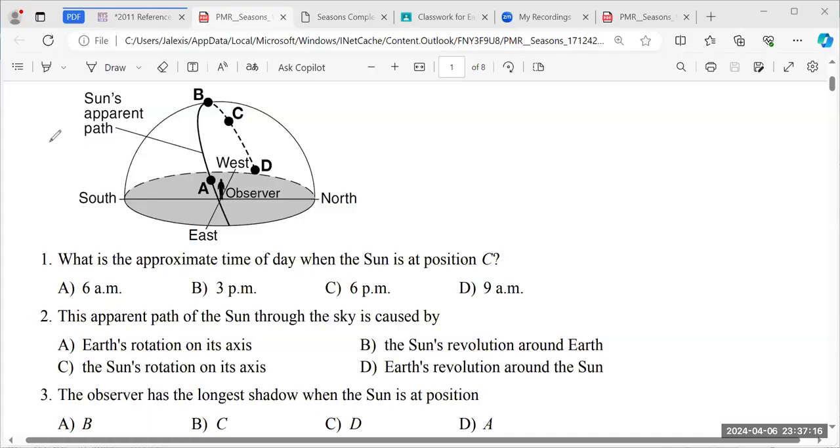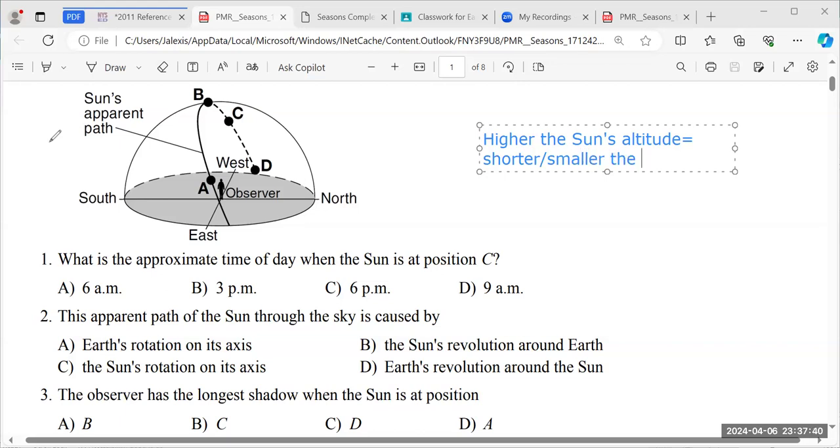All right, number 3. Number 3 says the observer has the longest shadow when the sun is at position what? Well, here's something that we have to remember. The higher the sun's altitude, the shorter or smaller the shadow.